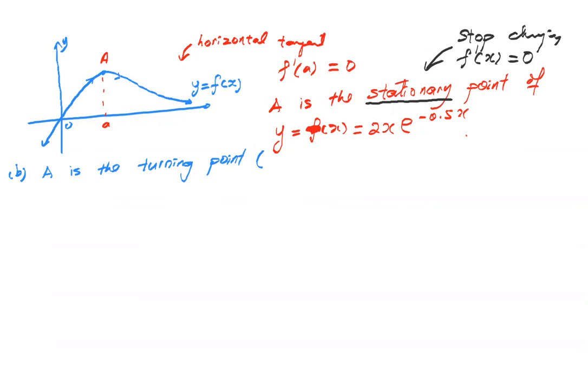That is called the maximum point, and we call it local maximum, because in this location it is maximum. Other locations, I don't know. Around this location, it is maximum. Are you clear? Later I will let you see other graphs and explain the difference between local maximum and global maximum. Now we talk about local maximum first. So A is the turning point or local maximum.